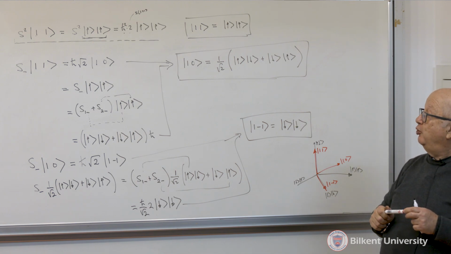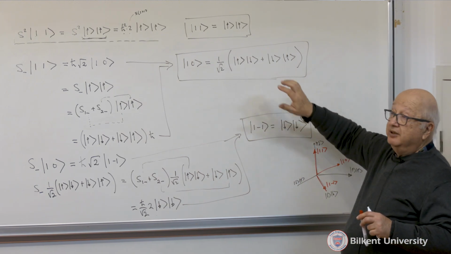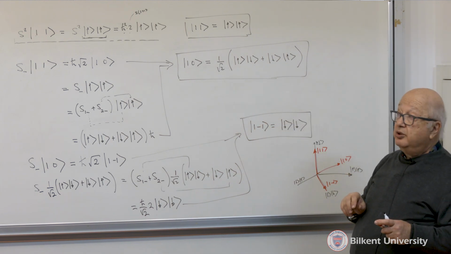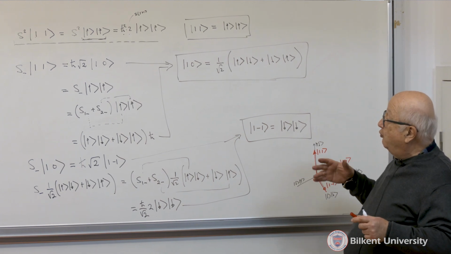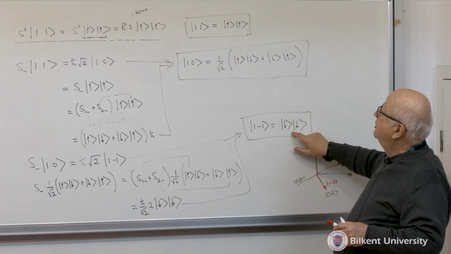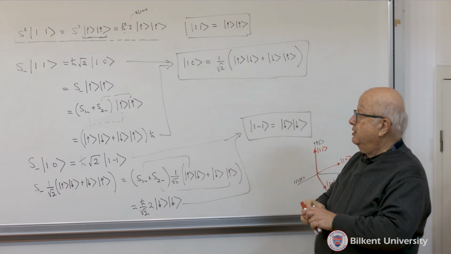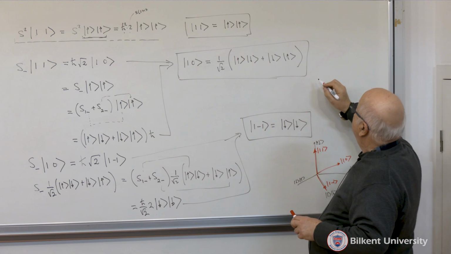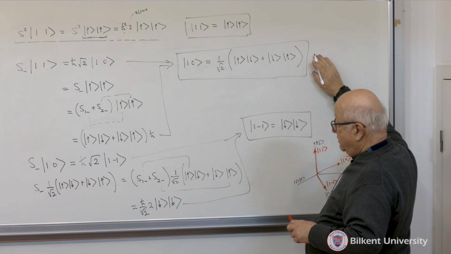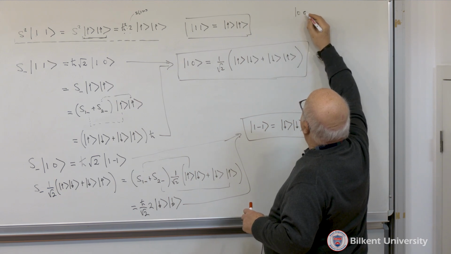Just looking at the symmetry of these things, we know that whatever we find has to be orthogonal to all 3 of these. So we are trying to find a 4th one which is orthogonal to this, orthogonal to that, and orthogonal to that. And I'll just tell you, as your friend suggested, the result. It turns out that it's a 0, 0 state. Let me write it at a separate place because this is somewhat different. So 0, 0.